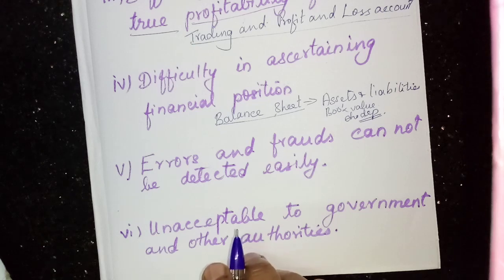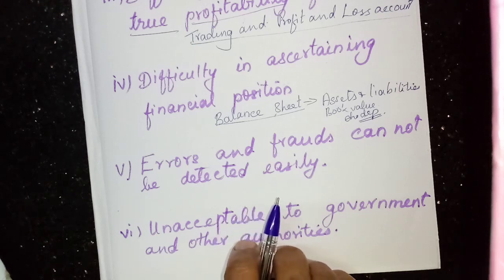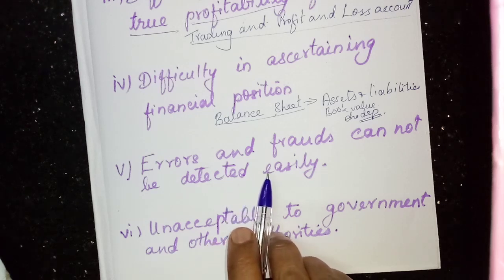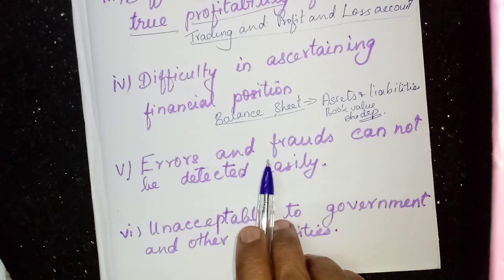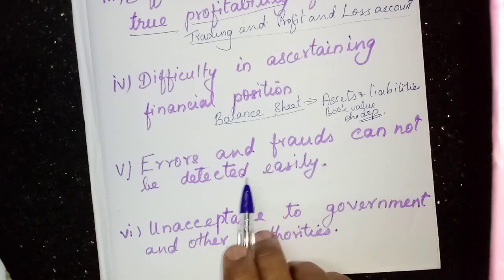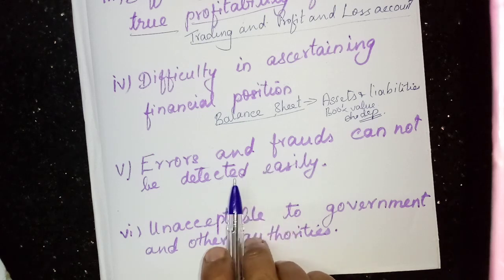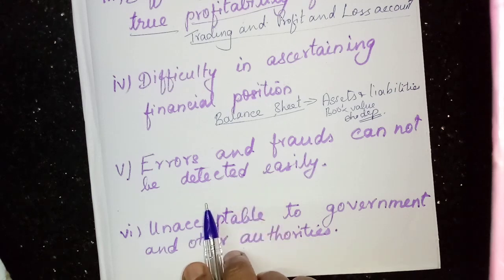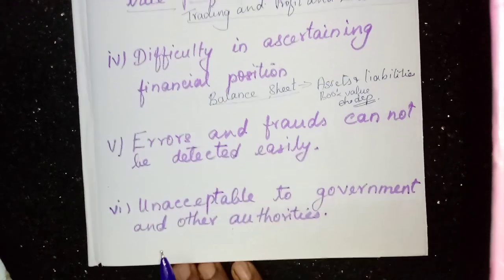So he cannot get all the details from the books of accounts, and he cannot appoint someone to check the fraud or error he has made, because all the relevant information needed for checking will not be provided in the incomplete records.